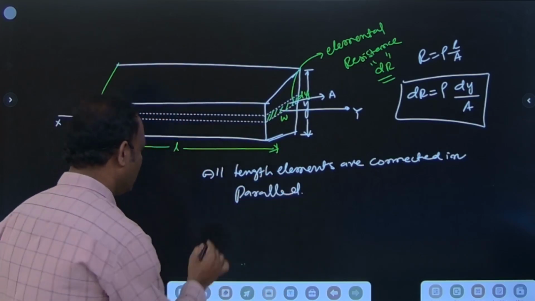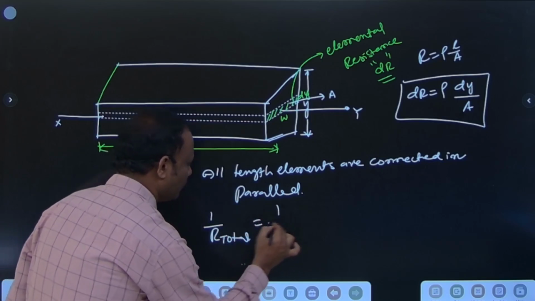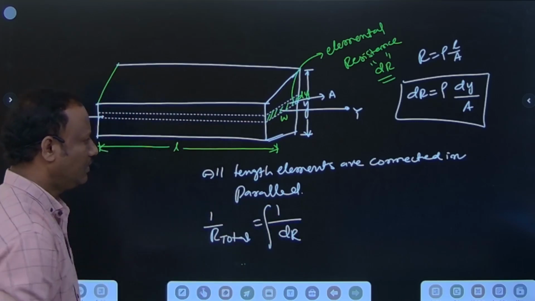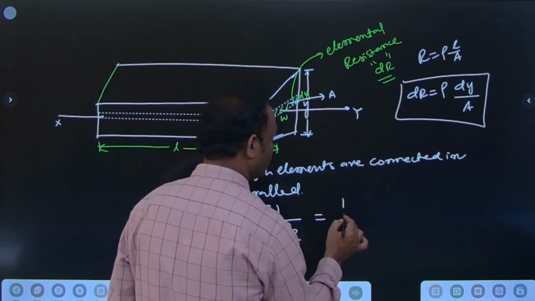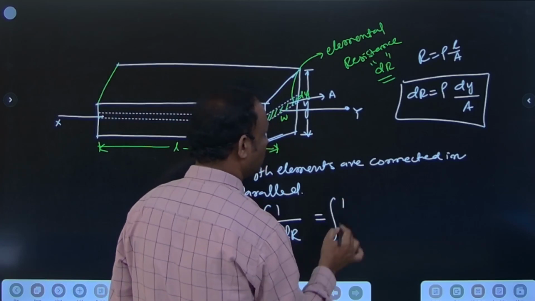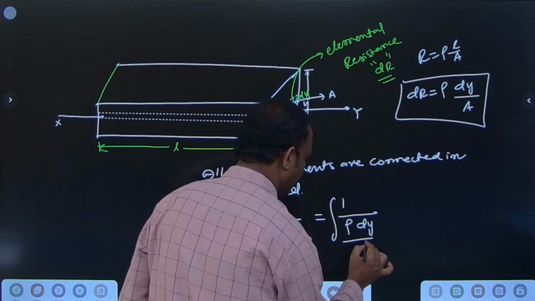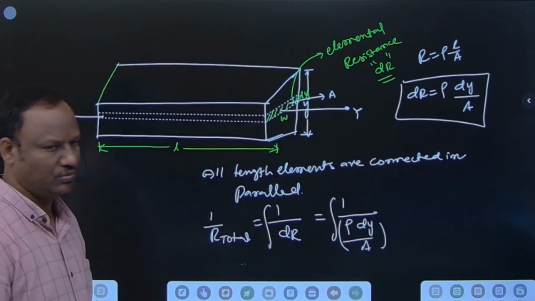Then 1 by R total is equal to the sum of 1 by dR, which is the integration over 1 by rho into dy by A. So this will become A by rho into dy.